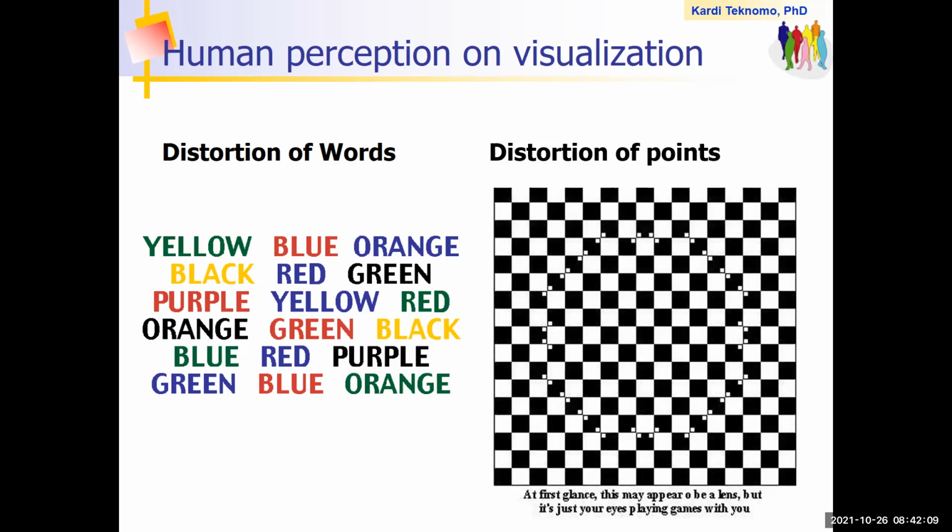On the right hand side here, okay, can you see a kind of circle in the middle? As if it is distorted, right? So in reality there is no change, okay, in the straight lines, horizontal and vertical. If you look at the detail, you see there is no difference.